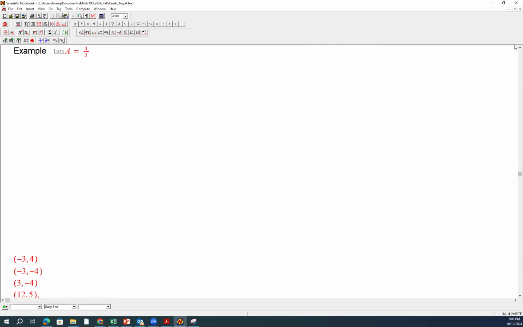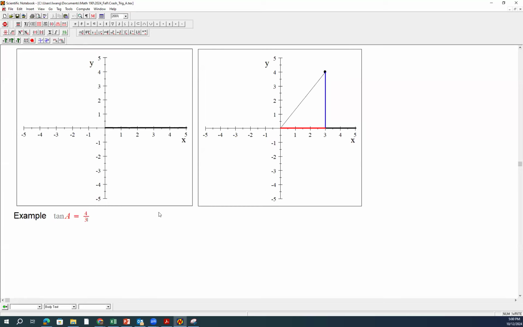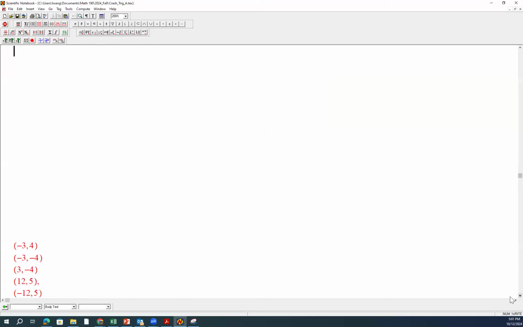Because our goal is still to find all possible angles. Find all possible angles of A. How are we going to do this in D2A?